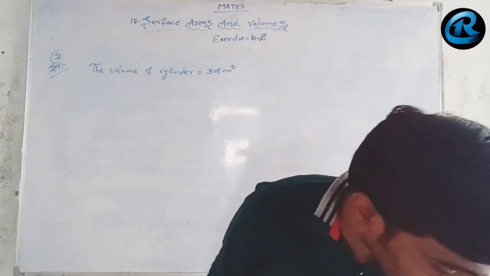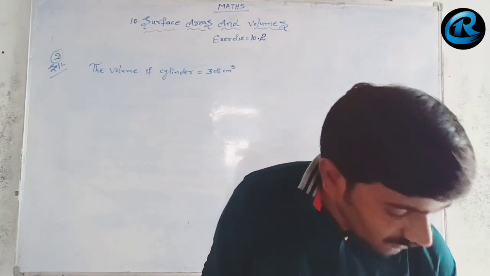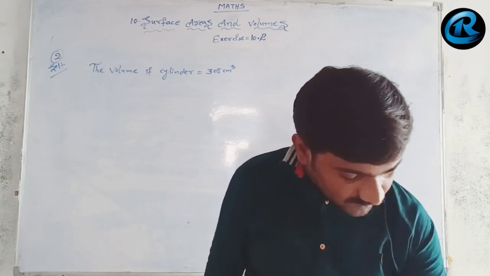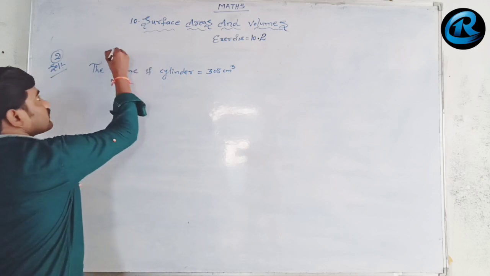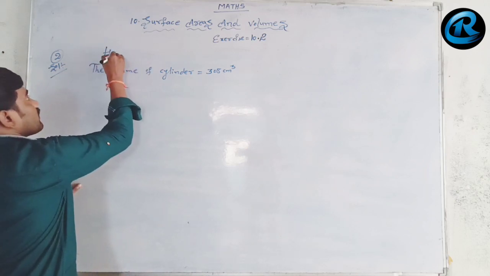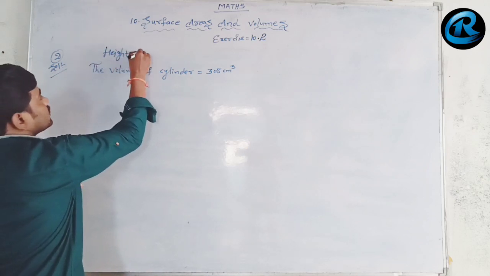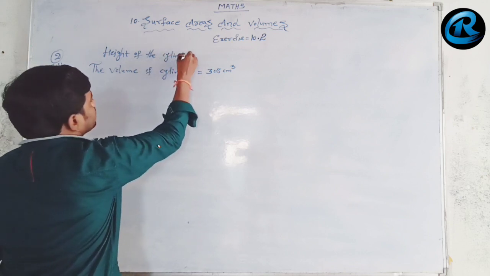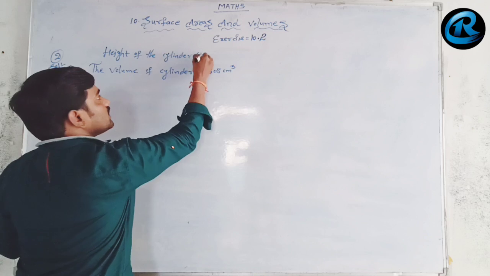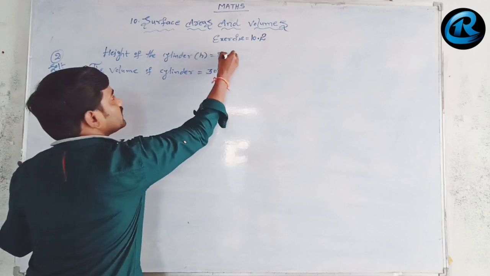The height of the cylinder is given: h equal to 8 centimeters.